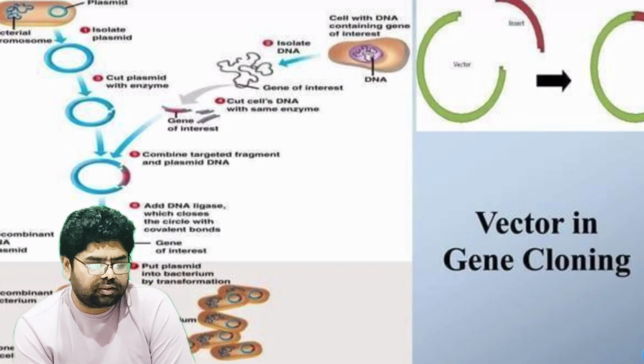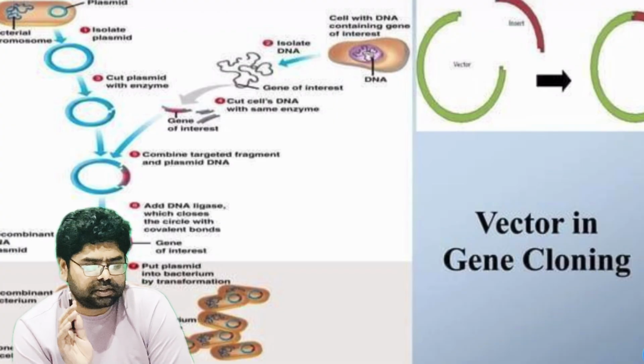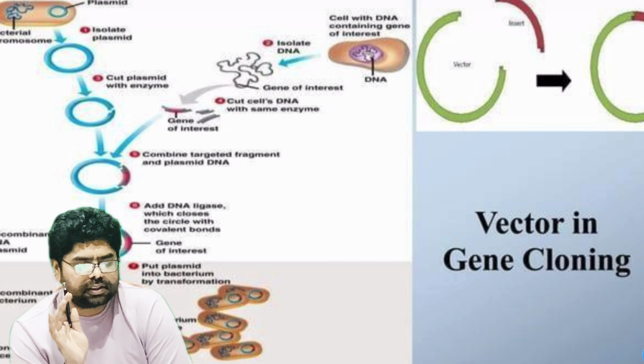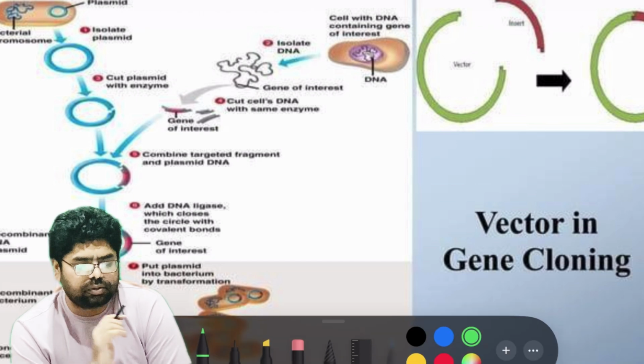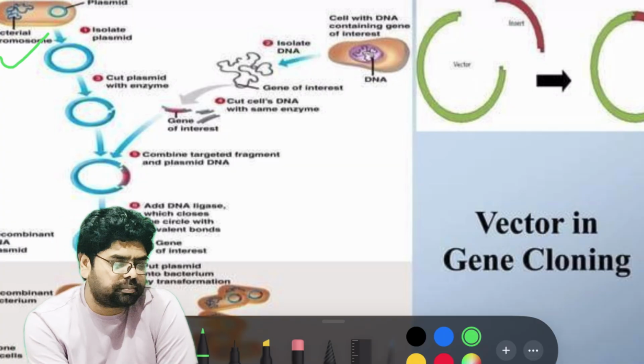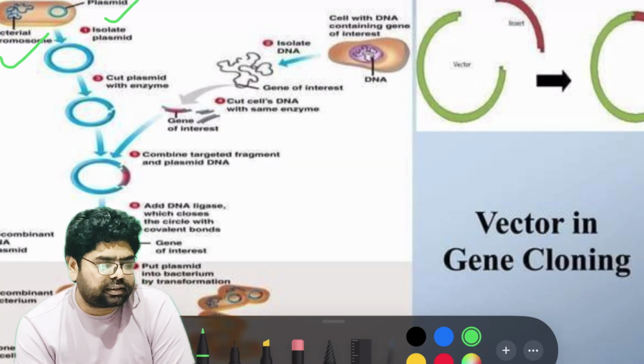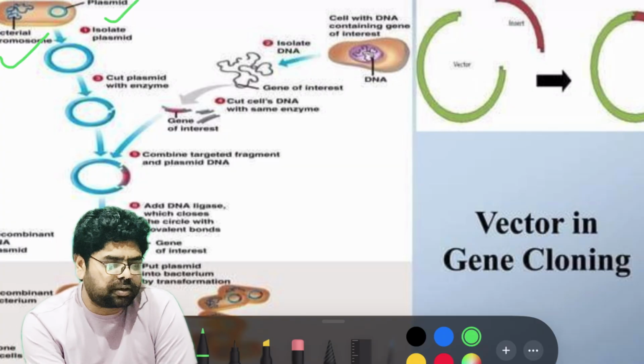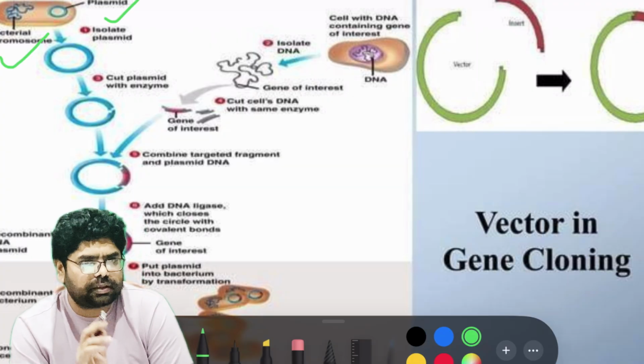Now let's see the workflow of this vector, how this vector is used in gene cloning. First of all, suppose there is an E. coli bacterium and the bacterial chromosome is there. This is a plasmid. A plasmid is a self-replicating extrachromosomal DNA. It has nothing to do with the chromosome.